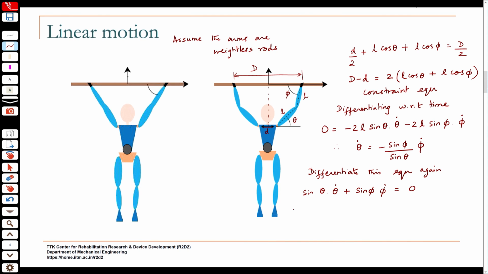If I differentiate this, I get cos theta into theta dot square, the first term, plus sin theta into theta double dot, plus cos phi. I get a phi dot from the differentiation, so I get phi dot square, plus sin phi phi double dot equal to 0.